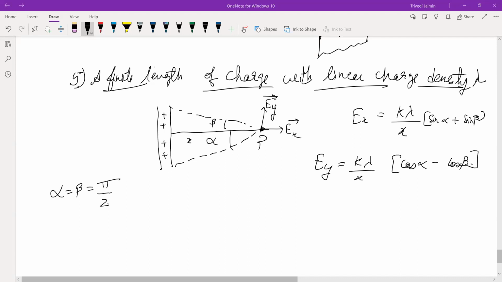What is sine pi by 2? 1. Cos pi by 2? 0. So Ey will be 0, and Ex will be K lambda by x, 1 plus 1, so 2 K lambda by x, because there are two terms here.